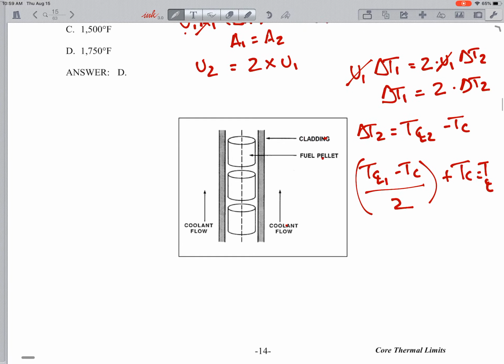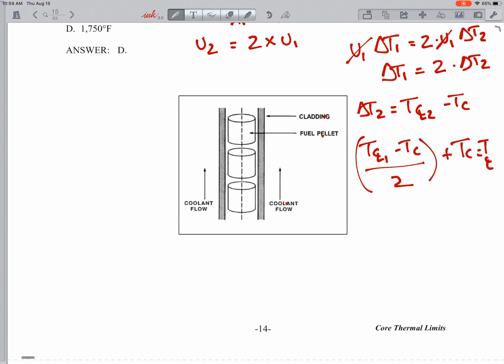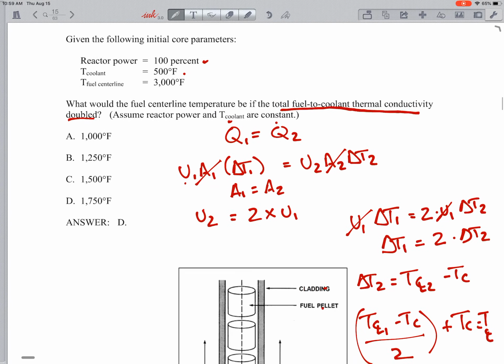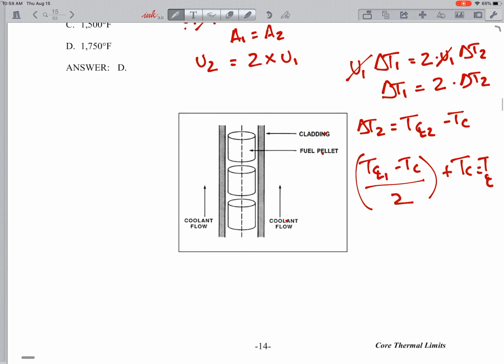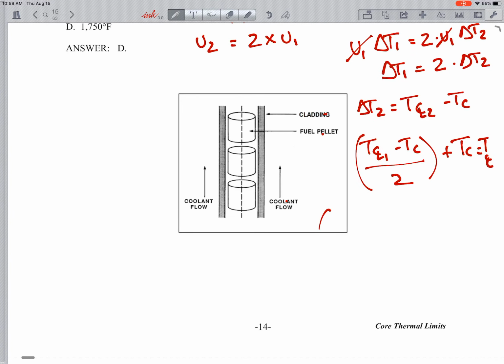Then we're going to take that over here, and temperature of the centerline 1 is going to be 3000 degrees. So 3000 degrees minus 500 degrees divided by 2 plus 500 degrees, and that will be equal to temperature centerline in state 2.